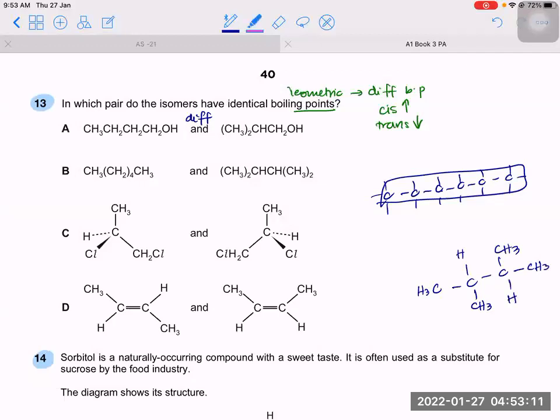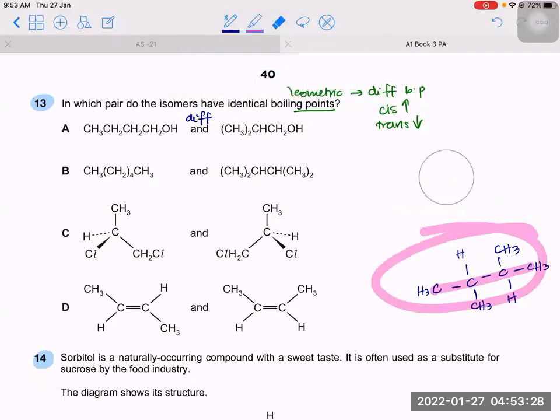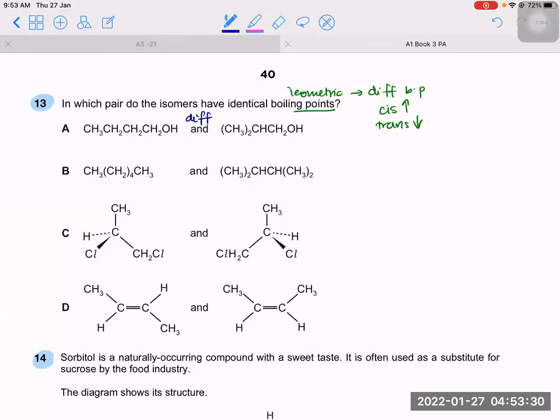The first one was a 6 carbon straight chain. This right here is 1, 2, 3, 4. This is what? 2,3-dimethylbutane. Will the boiling points be different? Yes, because this has greater surface area, this has less surface area. So this is different. So this is also different.